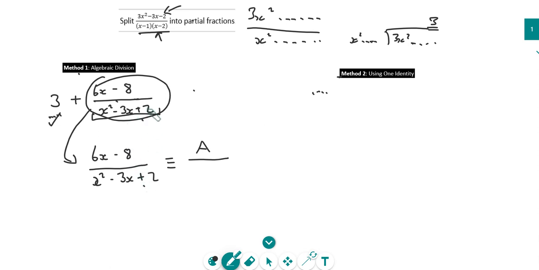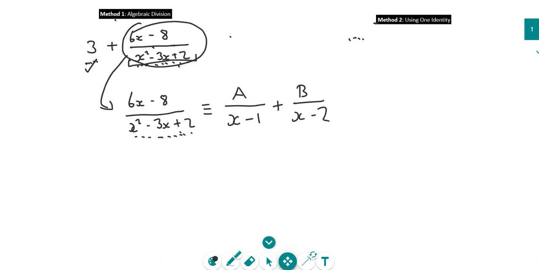This is all the same throughout. So let's put this one over x minus 1 plus some number over the other factor. What's the other factor? x minus 2. I could have written this denominator again like it is at the start, but the reason why it was written like this is because I was doing long division.